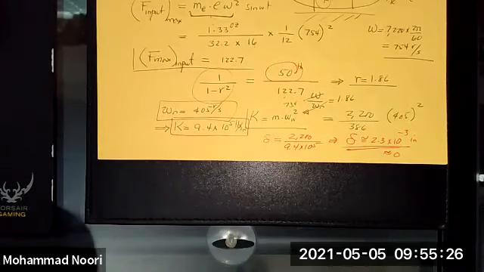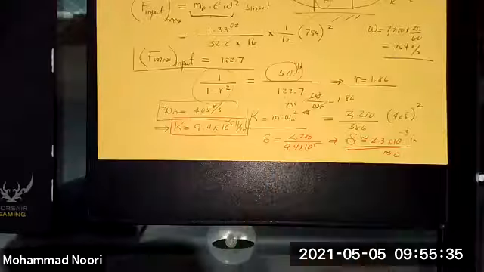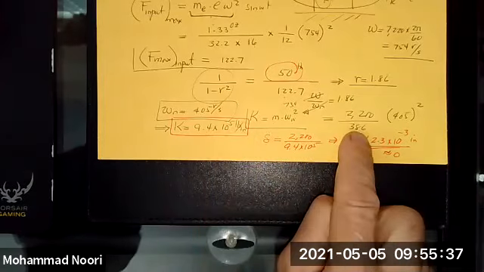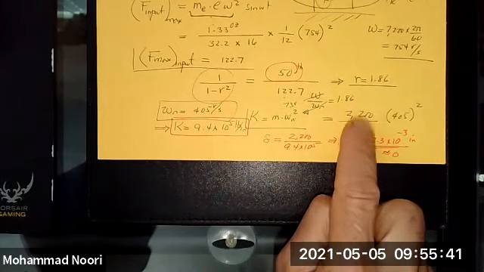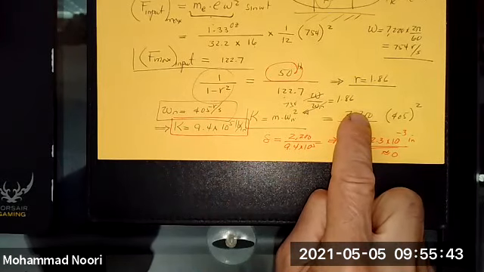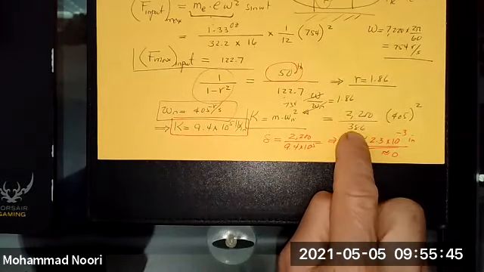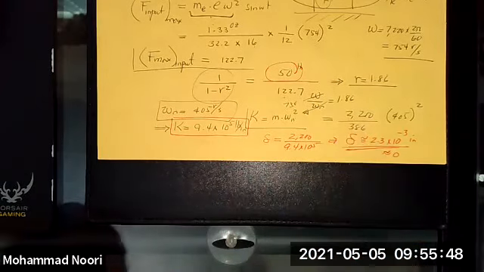Okay, any questions? Any question on this? Yeah, what is that 386 you divided by? Oh, you see, that's 32.2 times 12. This is pound force divided by g to make it pound mass.